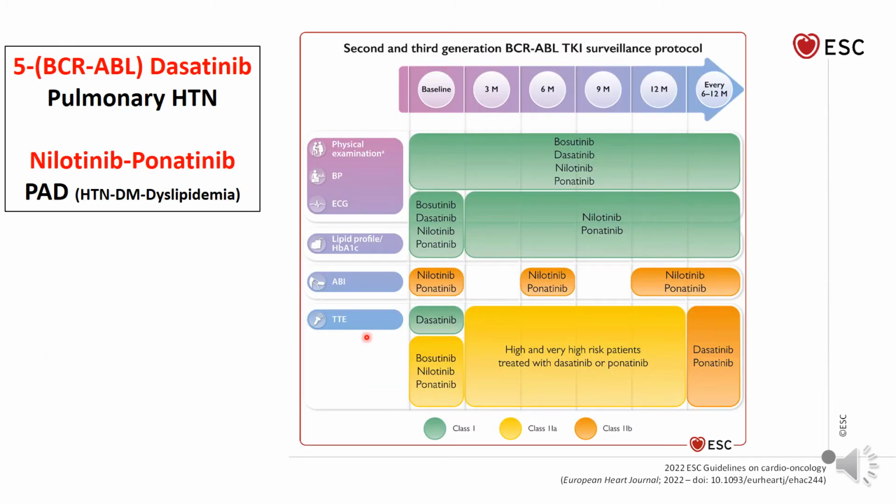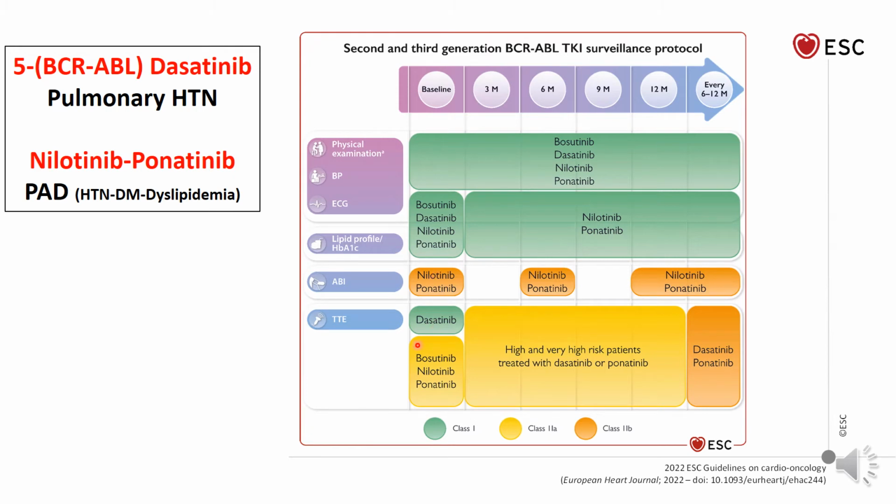If you notice here the surveillance of ponatinib and nilotinib, which have a predominant vascular toxicity in the peripheral bed, we notice that we have ankle brachial index in the surveillance. And we notice also the importance of surveillance with metabolic profile, including lipid profile and hemoglobin A1C with this drug.